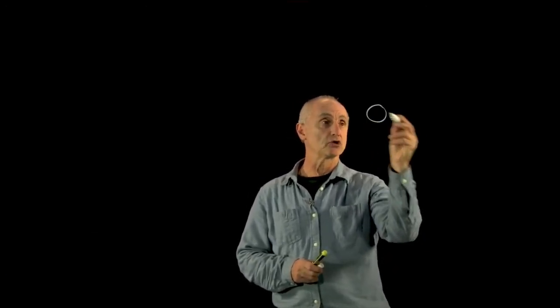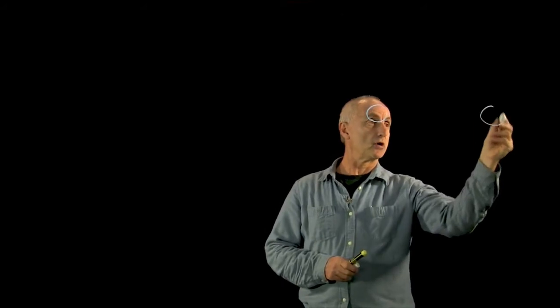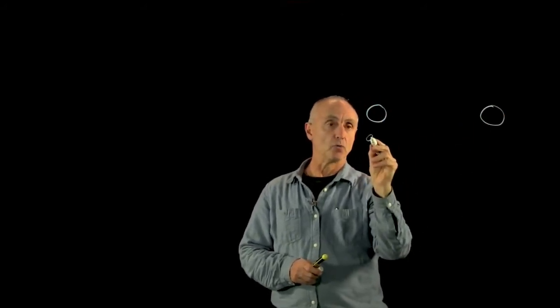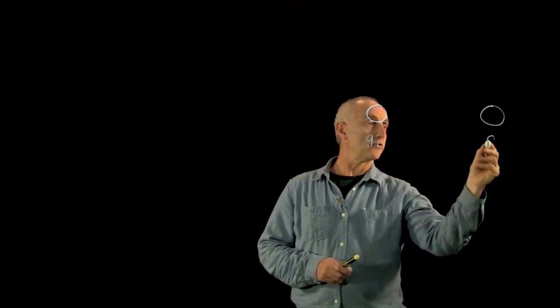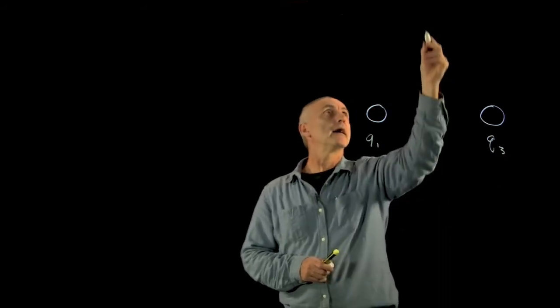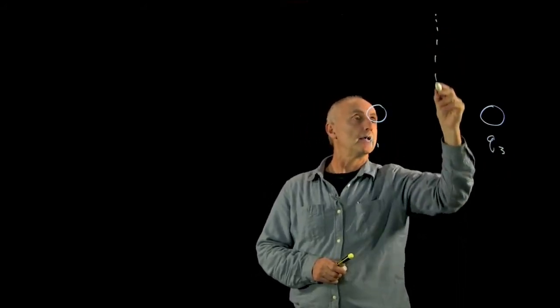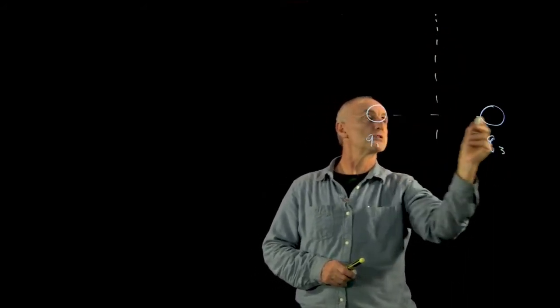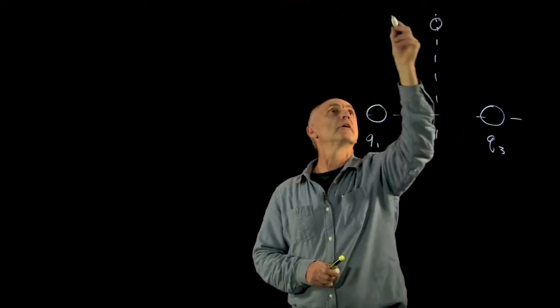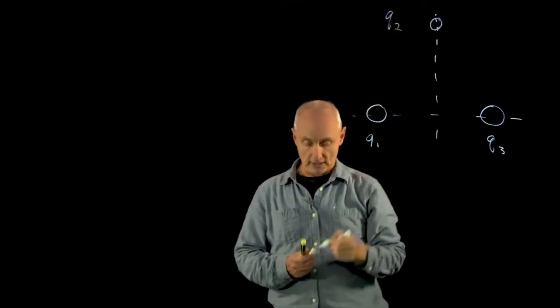Let's consider a straightforward application of the superposition principle for the force between charges. So let's draw here a charge Q1 and another charge Q3. And at the midpoint between these two charges along this axis, let's put a charge Q2.